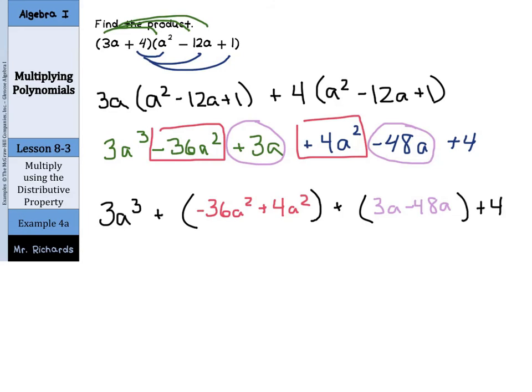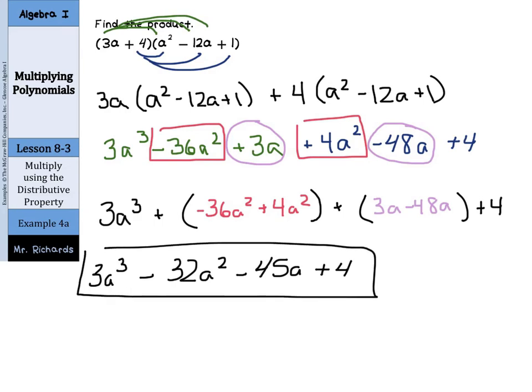So lastly, 3a cubed minus 32a squared minus 45a plus 4. And that is our product.